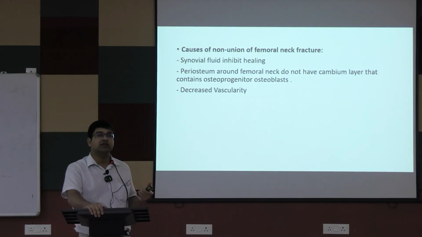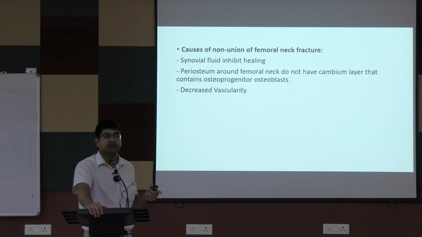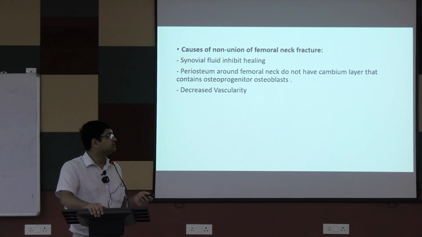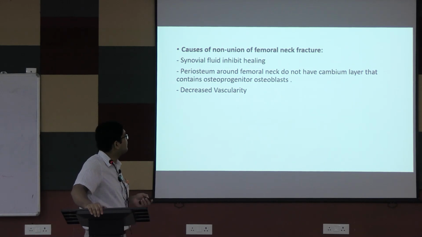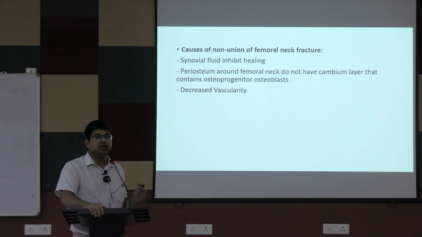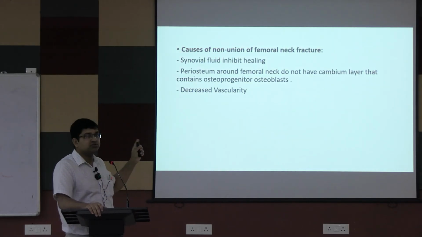আর osteoclast cell কি করে? Bone resorption. Osteoclast and osteoblast. Osteoblast cells are osteoprogenitor cells, and this osteoblast cell is responsible for healing or bone formation. And due to lack of cambium layer in the periosteum of the femoral neck, তাহলে তিনটে পয়েন্ট কিন্তু বলবে, এটা কিন্তু পরীক্ষায় ধরবে.